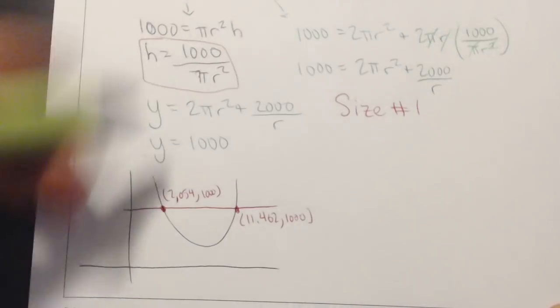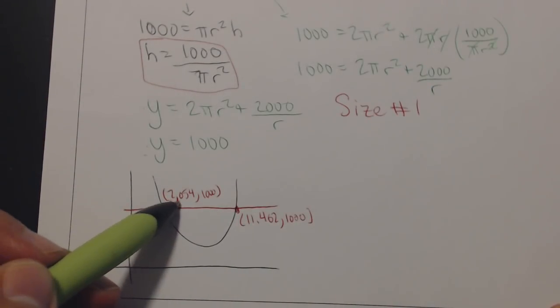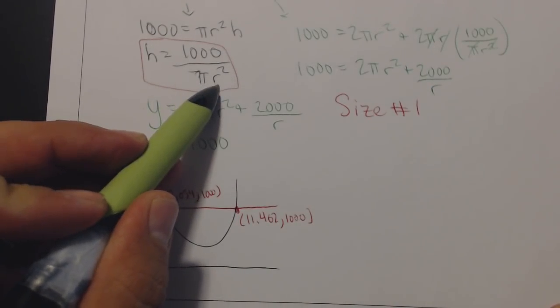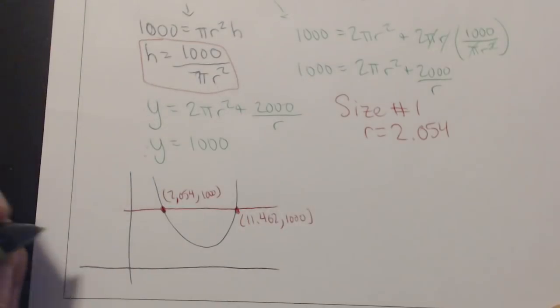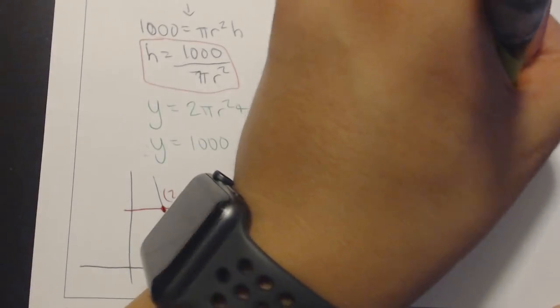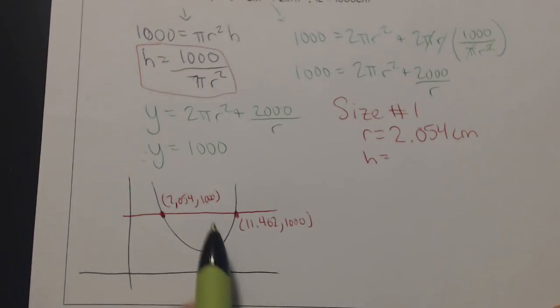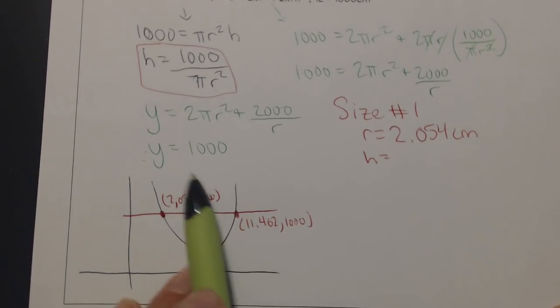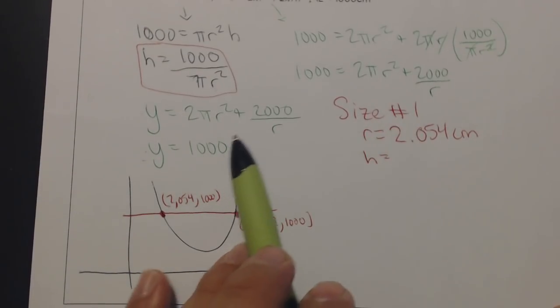In doing so, for size number 1, I plug in this R, the 2.054, into here, and I find out that my R was 2.054 centimeters. And my H is not going to be 1,000. Remember, this is when I'm trying to find out which R's of this function equal 1,000.